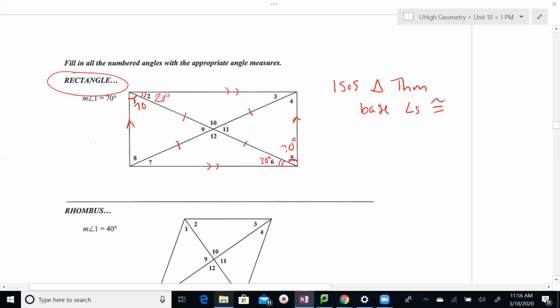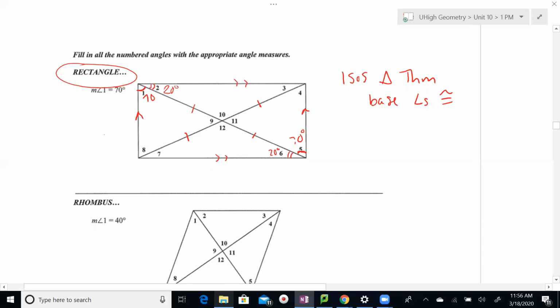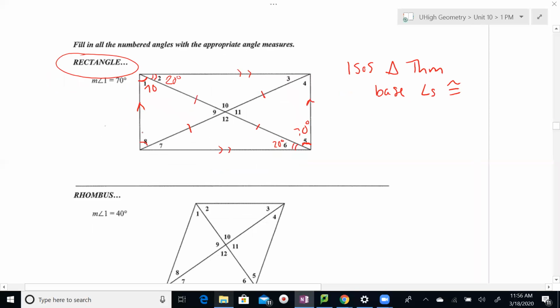That lets me know that the measure of angle 1 is going to be congruent to the measure of angle 8, because those are base angles of an isosceles triangle. So the measure of angle 8 is 70 degrees. Same thing with the measure of angle 4 and the measure of angle 5. Those are base angles, and so those are both also going to be 70 degrees, since we already knew angle 5.